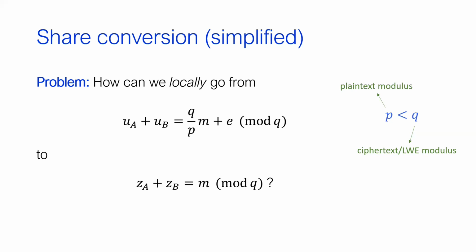What we would like them to do is for Alice to locally convert her share UA into some value ZA and Bob to convert UB into ZB, which sum up to M. So in a way, we want to convert this additive sharing of a noisy encoding of M into a simple additive sharing of M. This is the main technical question.